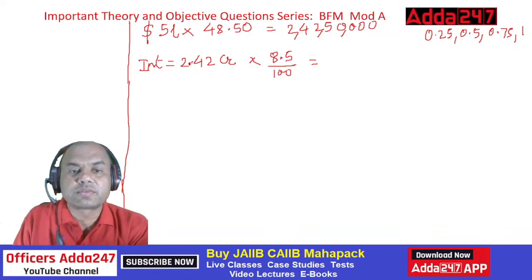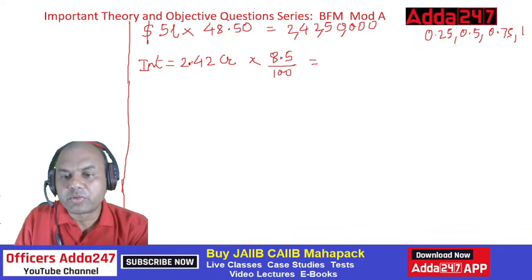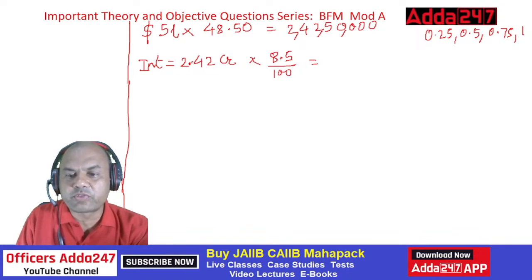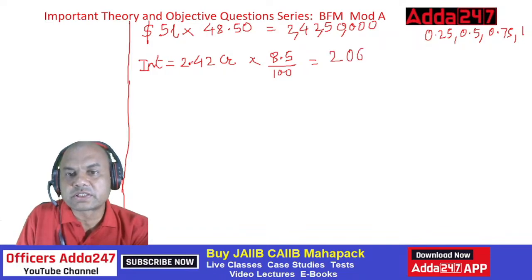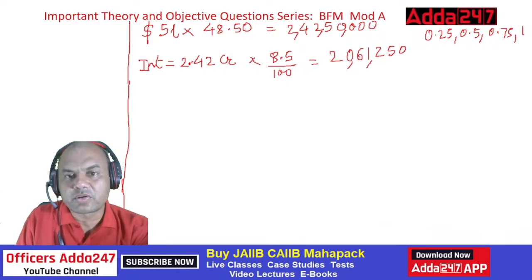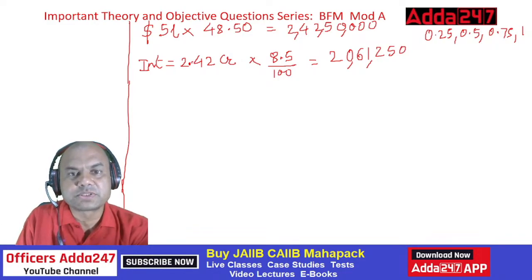Calculate it again. So what is the amount you are getting? Into 8.5, 8.5 means 0.085, right? So it is 2061250. Am I right or wrong? 8.5% upon 100, right?